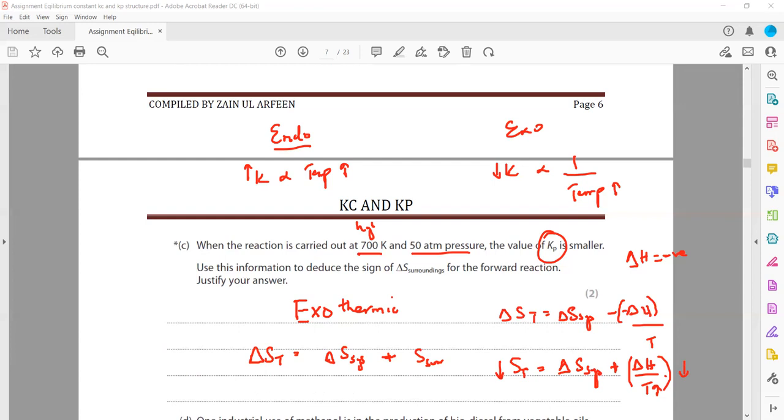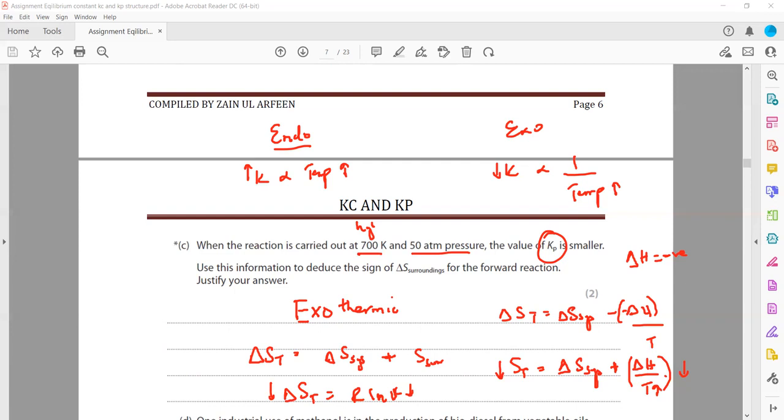The total entropy is equal to R, which is a constant, times ln K. So it means if the total entropy increases, the ln K, or the value of K, will also increase. If the total entropy decreases, the value of K will also decrease. So it's 2 marks. 1 mark when you mention that as we are increasing the temperature, or at a high temperature, there is a lower value of K, which means the forward reaction is exothermic.